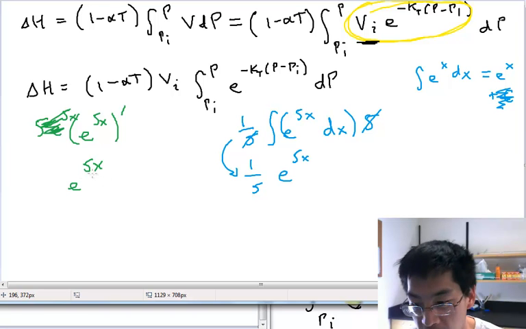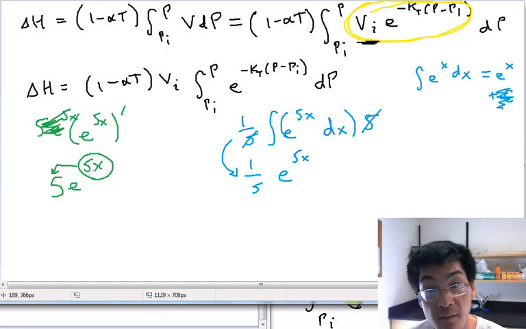The chain rule says if there's a function inside the function that you just derived, then you have to multiply the derivative by the derivative of that inside function. So here's the inside function. The derivative of 5x is just 5. So the derivative of e to the 5x is just 5 times e to the 5x.